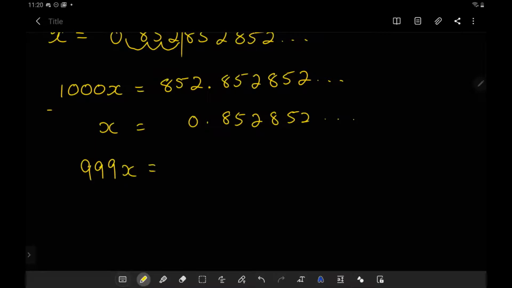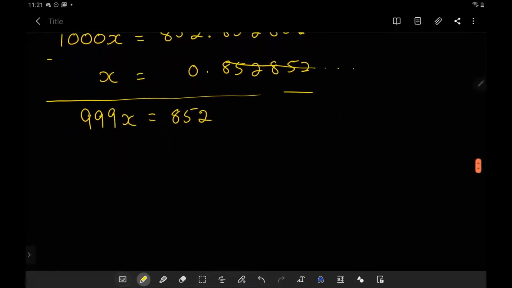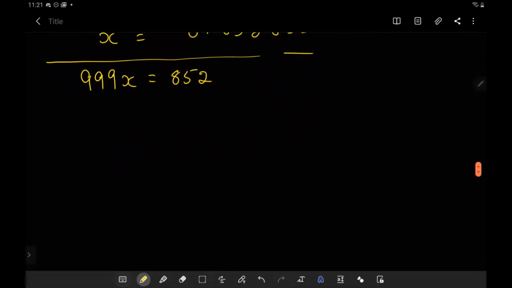And that is equal to, well, these will cancel, and that is exactly why we want the pattern to continue rather than changing the pattern, because 8 minus 8 is 0, 5 minus 5 is 0, 2 minus 2 is 0, and so on. So this is exactly what we want to do: cancel the tail. All right, so 852 minus 0 is still 852. So we can solve for x by dividing both sides by 999.